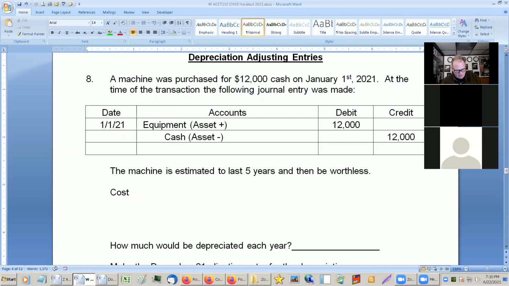All right, so the cost of this thing is 12,000, over 5 years.